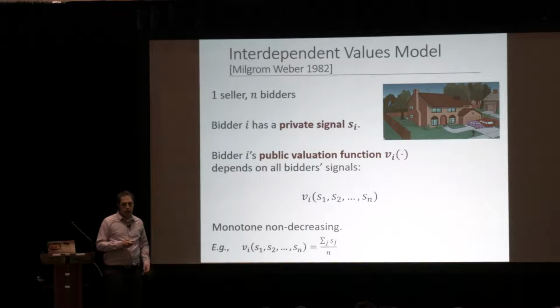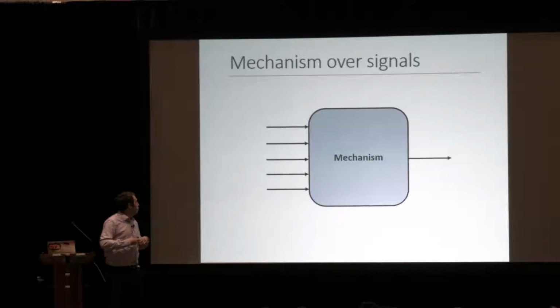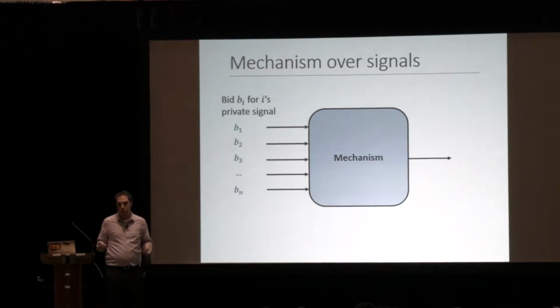Okay. So how does the mechanism look in this setting, in the interdependent values model? We all know that when the players know the true value, they bid for the value. But here, they don't even know the value. So what do they bid for? They bid for the information that they have, the private signal.